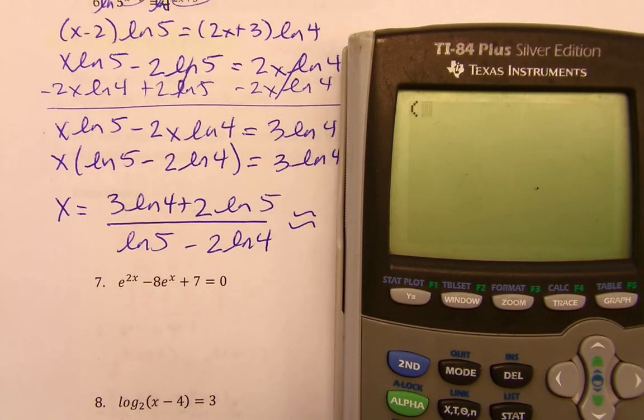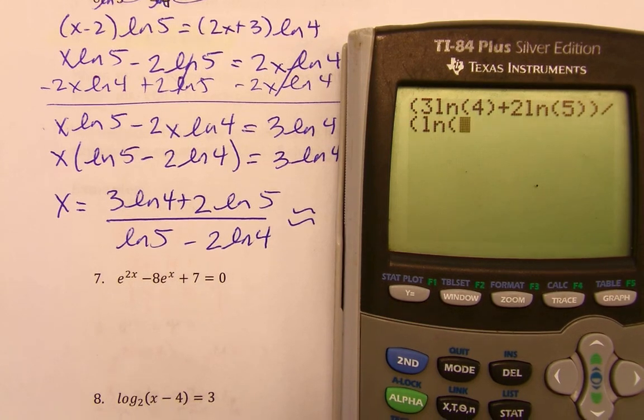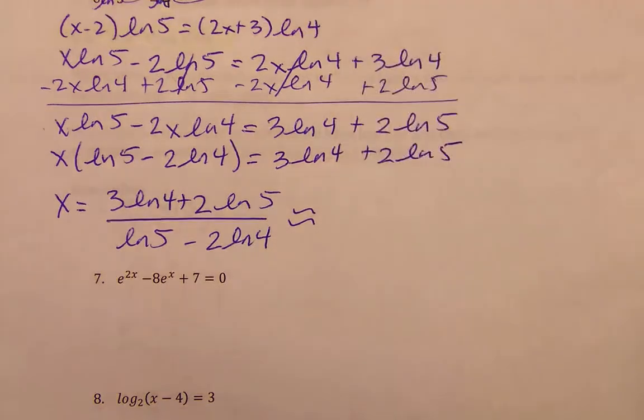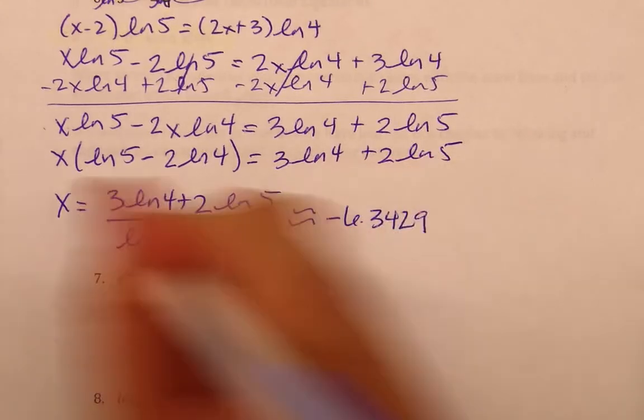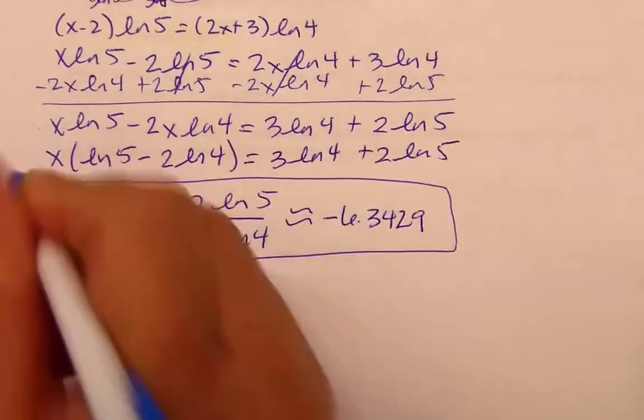I'm going to use parentheses 3 natural log 4 close parentheses plus 2 natural log 5 close parentheses, and that's my whole numerator, divided by parentheses natural log 5 close parentheses minus 2 natural log 4 close parentheses, and I get negative 6.3429. And that's my approximate answer.